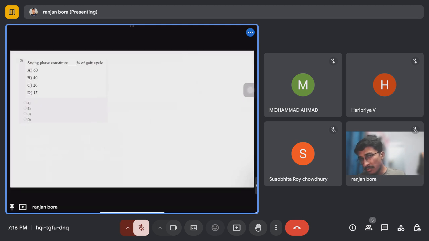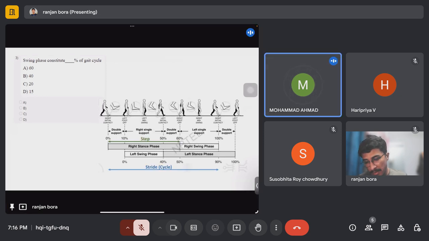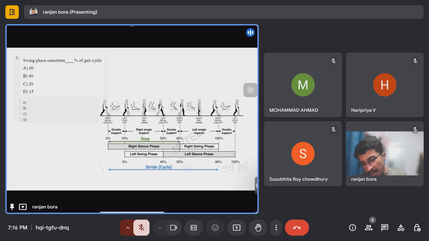Now, swing phase constitutes what percentage of gait cycle? How much percentage? This is a gait cycle, and this is the starting point, means the right initial contact when the heel of the right foot contacts the ground. That is the starting point, and that is at 0%.